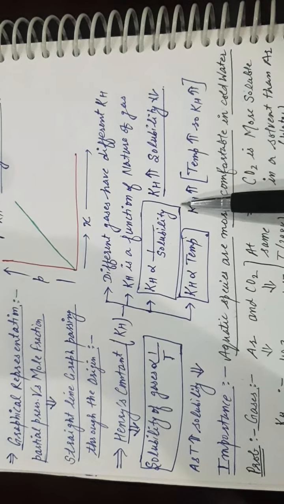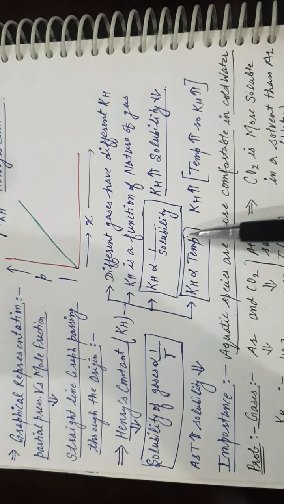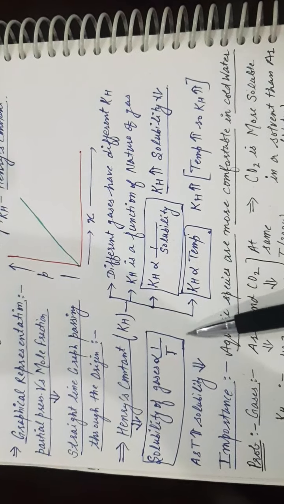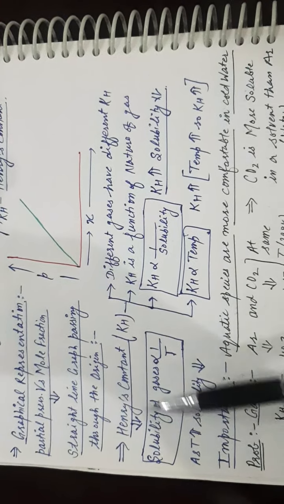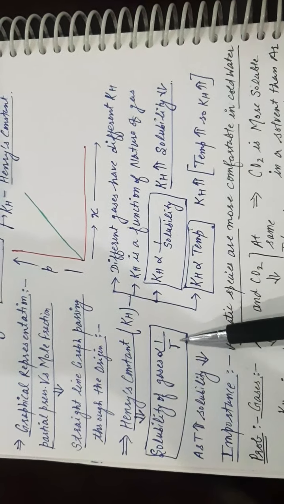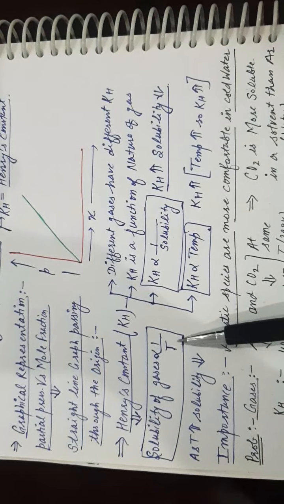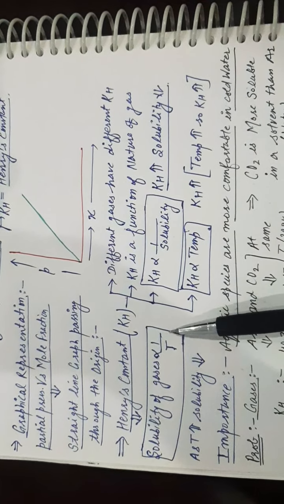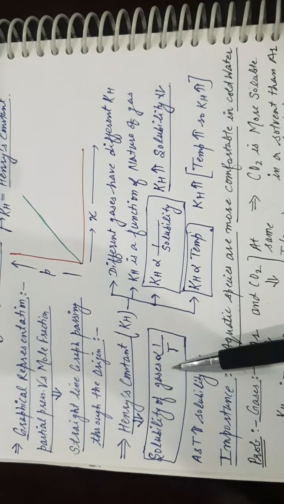As you increase the temperature, the value of Kh also increases. So what will be the effect on solubility? Solubility of gases is inversely proportional to temperature. So as you increase temperature, the solubility of gas in a particular solvent decreases.